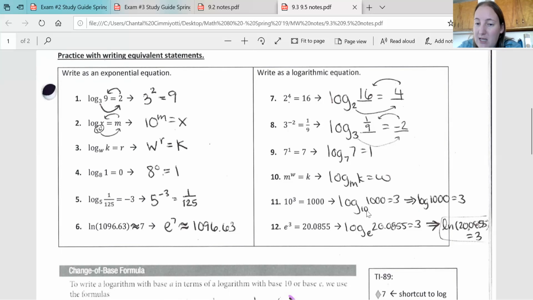Now because this is base 10, there's a shortcut. You can just say log and not have the base because it is the common log. E to the 3rd is 20.0855 approximately. Now instead of saying log base E, we can just write ln. Again, the shortcut for that is the natural log when the base is E.